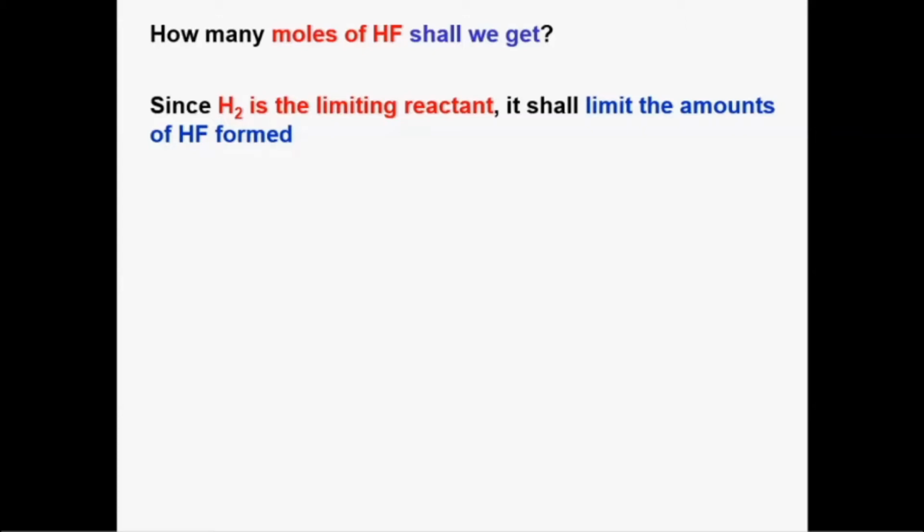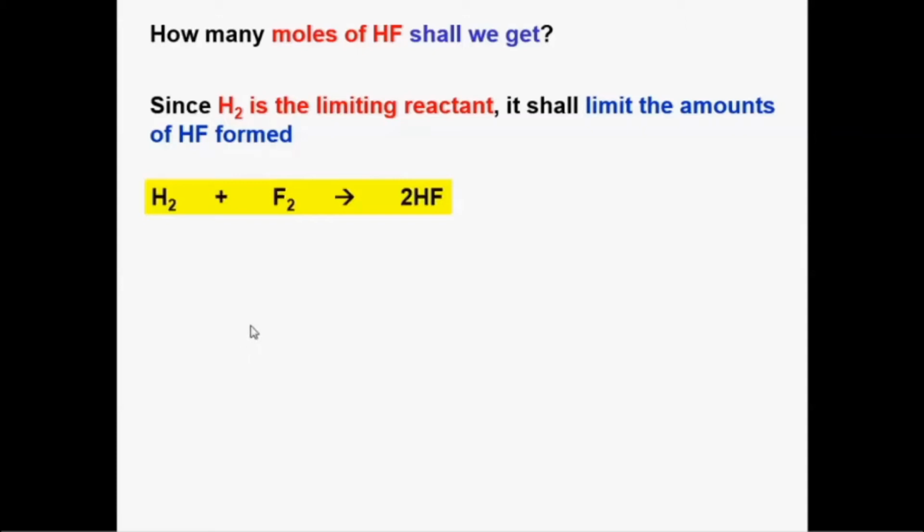But since we only have 3 vanilla flavored creams, we can only make 3 sets, because the vanilla flavored cream is the limiting reactant. So we can only get 3 sets, and not 4 sets. Let's get back to hydrogen and hydrogen fluoride.